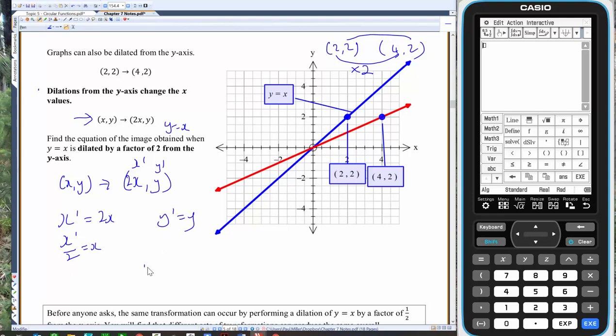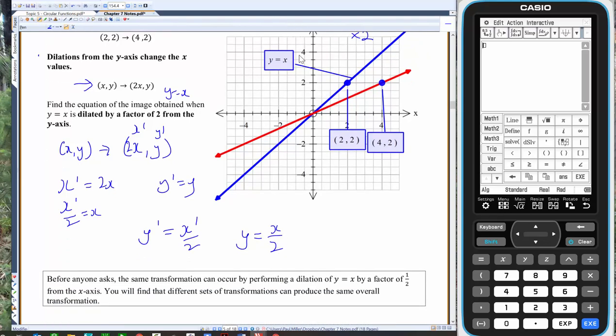Now we're ready to make the substitution. So I've got y dash for y, x dash on 2 for x. Now let's write it as a function on its own, y equals x on 2. So this new function, if I want to dilate it by a factor of 2 from the y-axis, forms the function y equals x on 2.